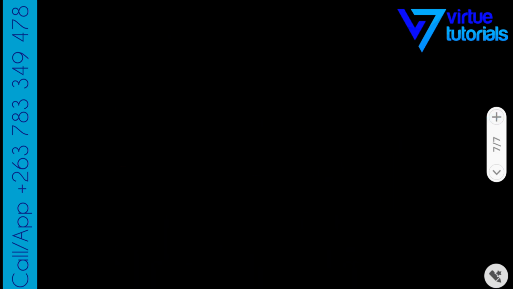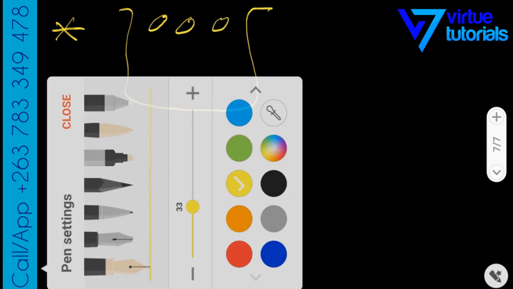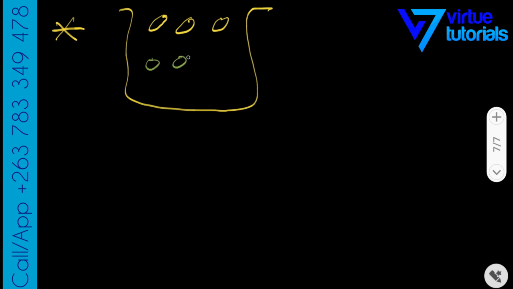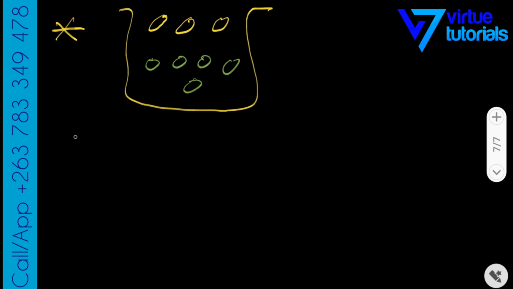Now let's have another situation, right? Let's say there's a bag of sweets. In the bag of sweets, we've got 3 yellow sweets, and then we've got 5 green sweets. And then we ask, what's the probability of getting a yellow sweet?